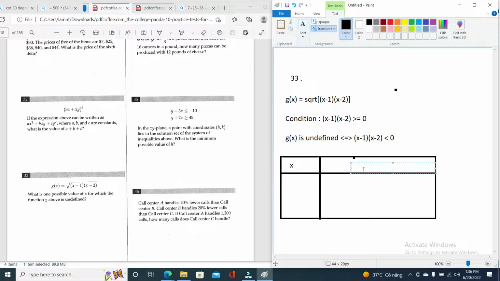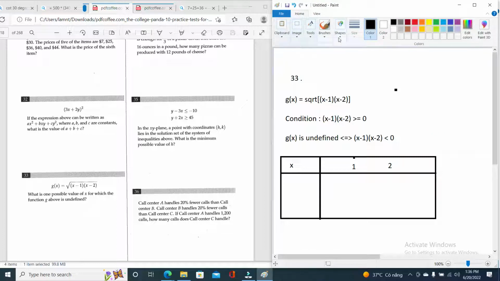So this could be 1 and this could be 2. Alright. And now on the second line we will consider the sign of x minus 1 here.